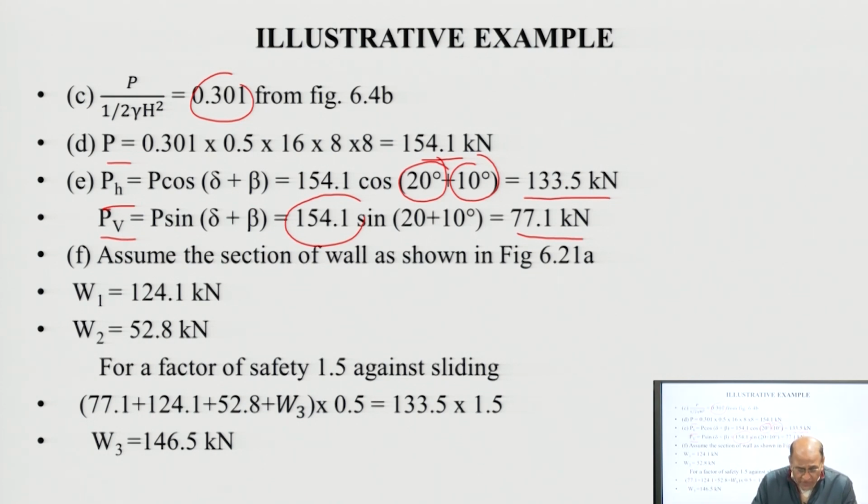Okay. So, now assume the section of wall as shown in figure 6.2.1. W1 is 124.1 kilonewton and W2 52.8 kilonewton. For a factor of safety 1.5 against sliding, we can calculate this value, so W3 will come 146.5 kilonewton.